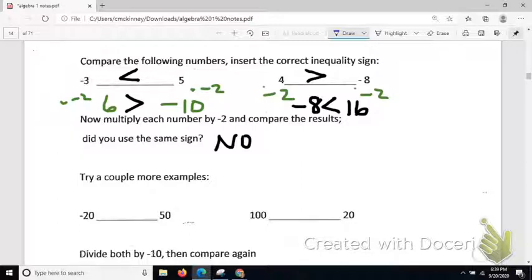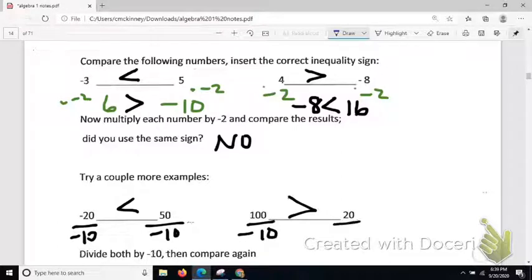So let's try a couple more examples. Negative 20 is less than 50. 100, these nice whole numbers, positive numbers. 100 is, of course, greater than 20. Now let's divide them all by negative 10 and compare again. So here I would have positive 2 and negative 5.